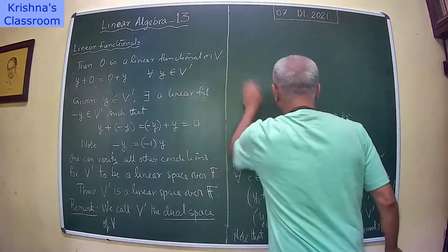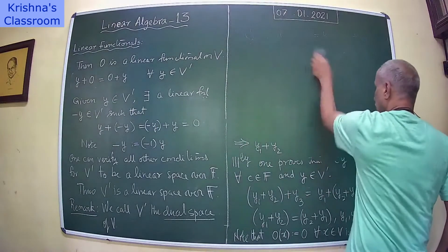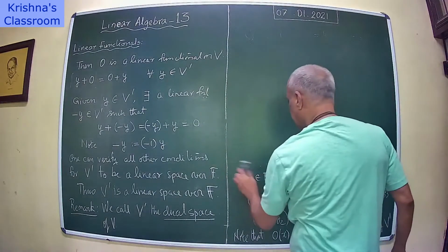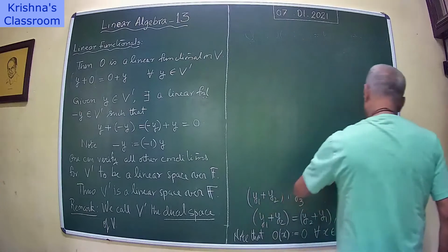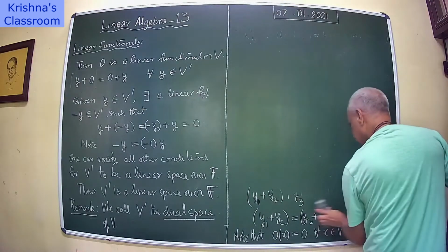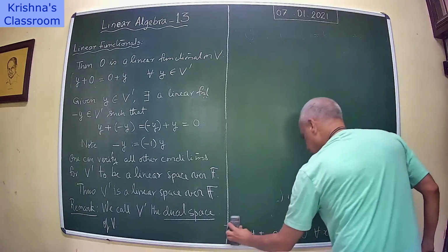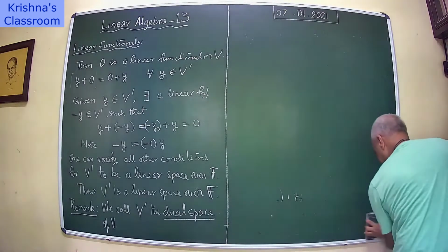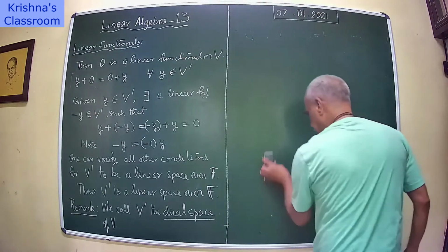Therefore, the natural question, if you have a linear space, is what can we say about the dimension of the linear space. Second fact is that this is not an arbitrary linear space.